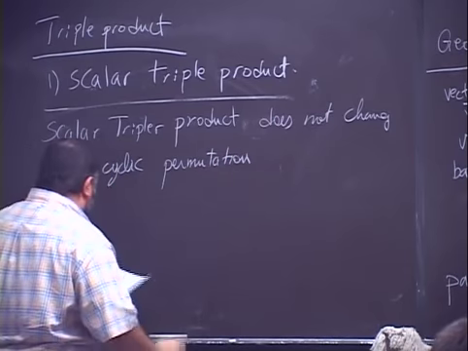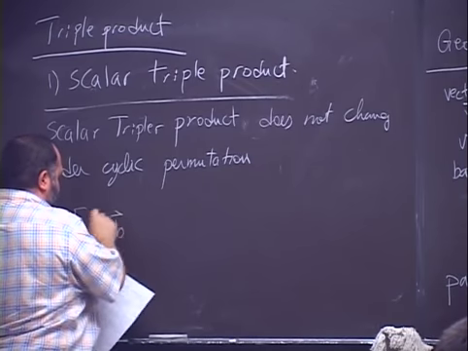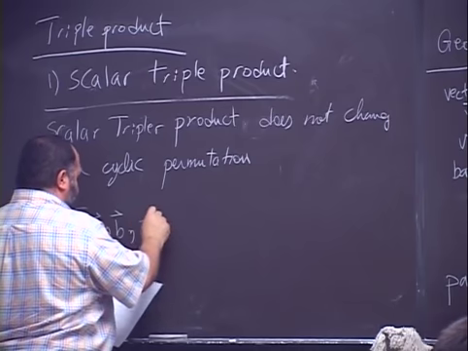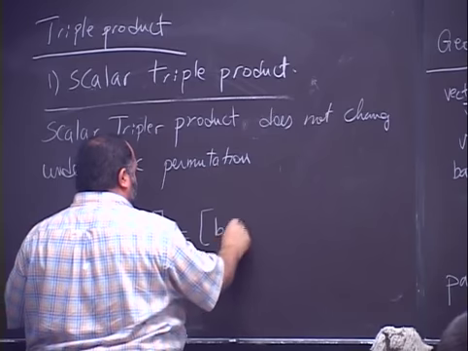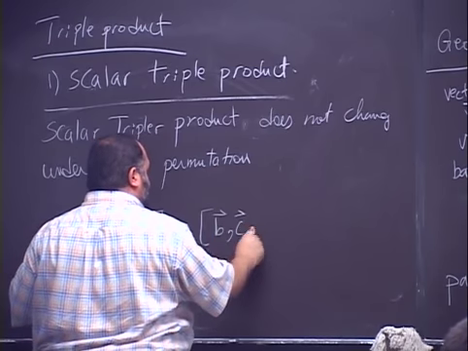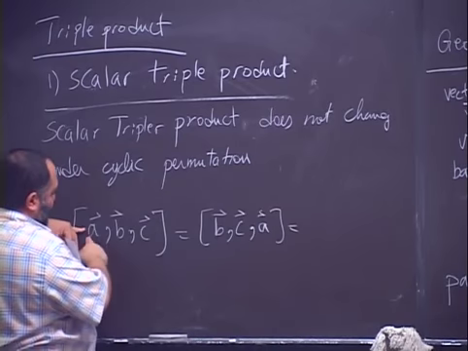What does it mean? It means that if we have A, B, C, it is the same like B, C, and A. So what we did here is just we do a cycle.